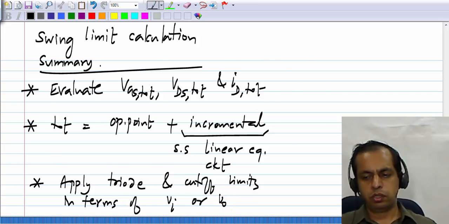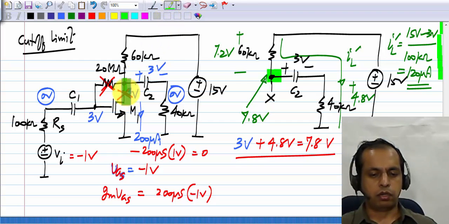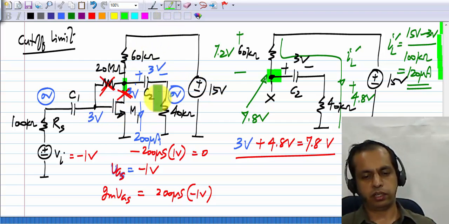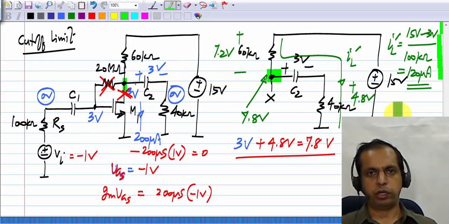And also, by doing circuit analysis, once you evaluate the limits, you should be able to say what happens to any other voltage or current in the circuit at those limits. Because that again comes from the usual incremental analysis.